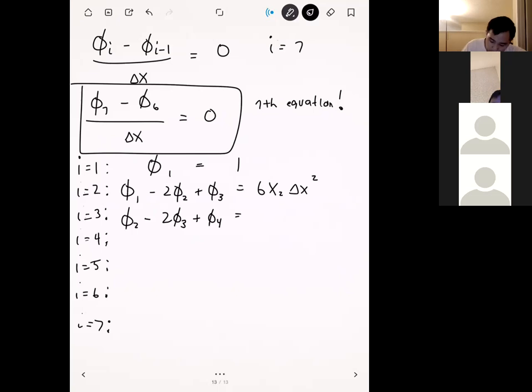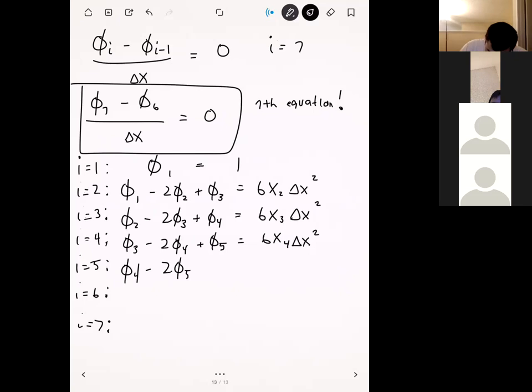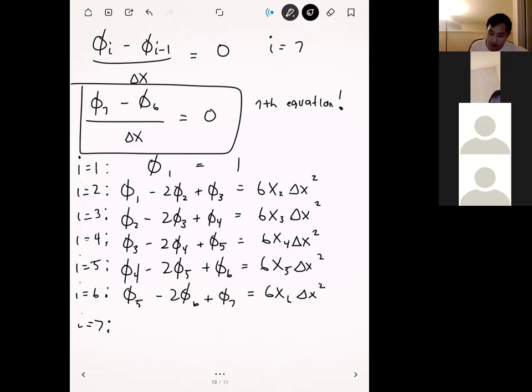Then we have the equation for i equal to 3, then the equation for i equal to 4, then i equal to 5, then i equal to 6. And then finally, we have our Neumann boundary condition, which we just found up here.